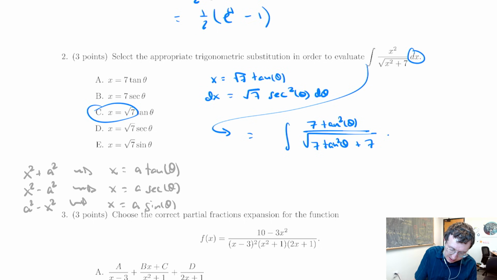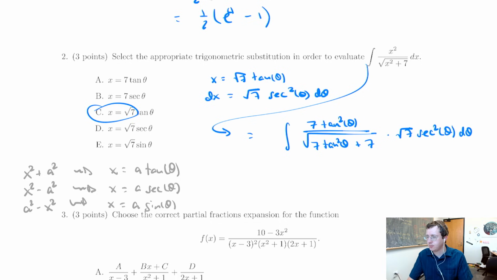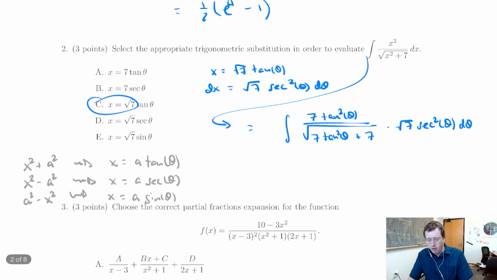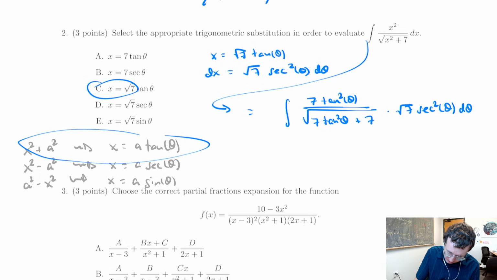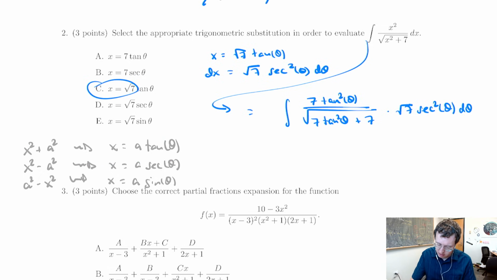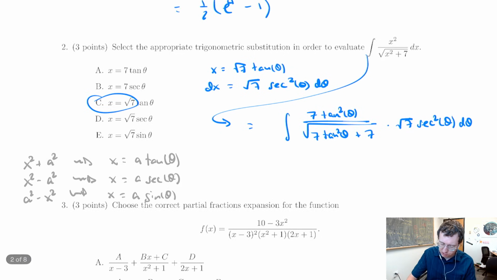And then I have a dx, which we said is root 7 secant squared theta, d theta. And now the point of using this trig substitution is this is supposed to simplify using one of our favorite trig identities.